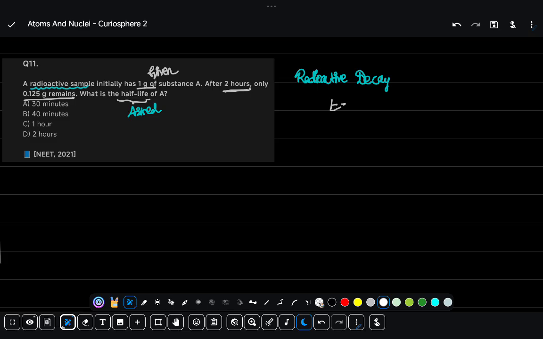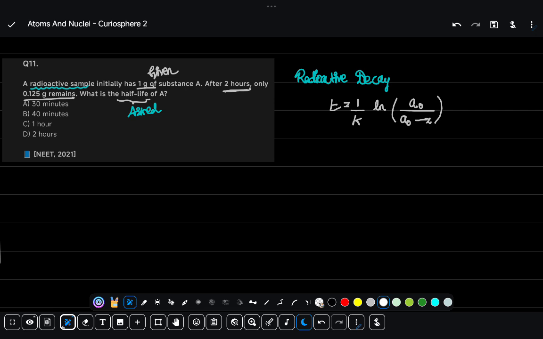t is equal to 1 by k ln a naught by a naught minus x. The typical time formula for a first order chemical kinetics reaction.